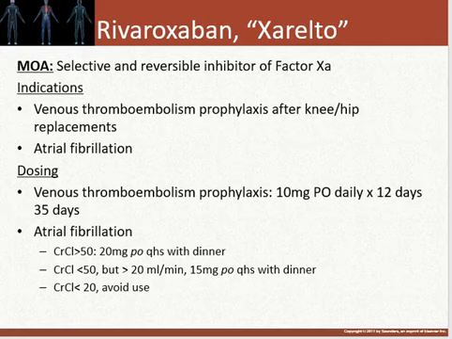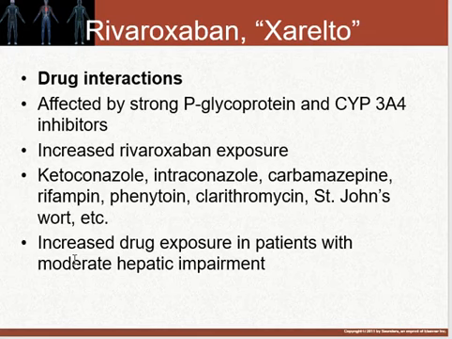The dosing is listed there, and then there's a specific dose guideline for atrial fibrillation. You don't need to know the dosing, of course. I don't really ask you dosing on these exams. It's just there for your general knowledge. Understand that in the AFib patient, the dosing is based on creatinine clearance. Rivaroxaban is also associated with many drug interactions, as is Coumadin, so you don't really eliminate that management problem.